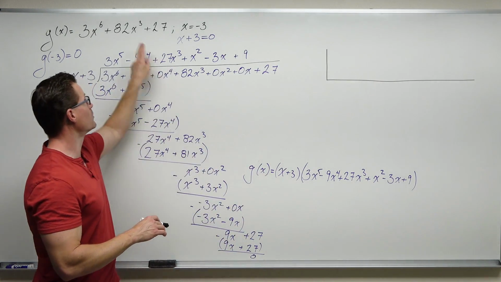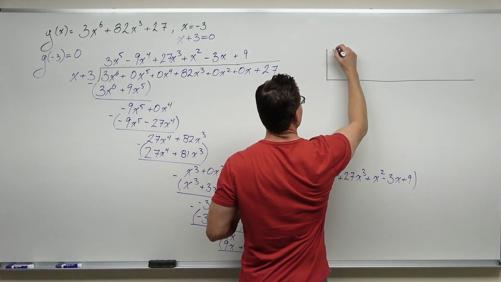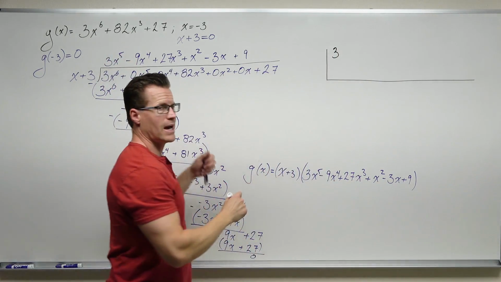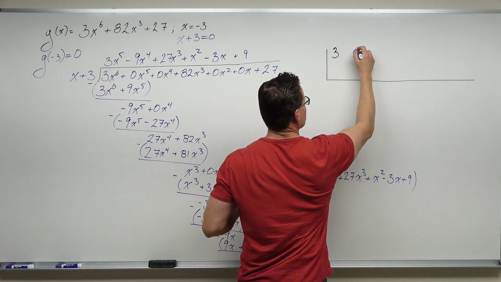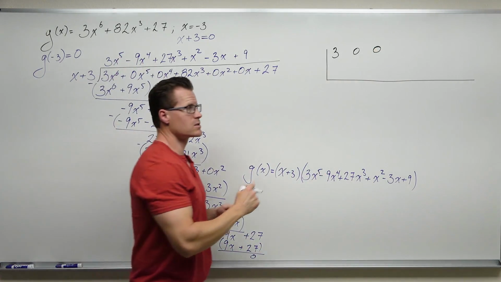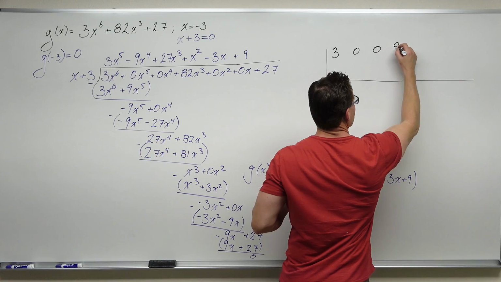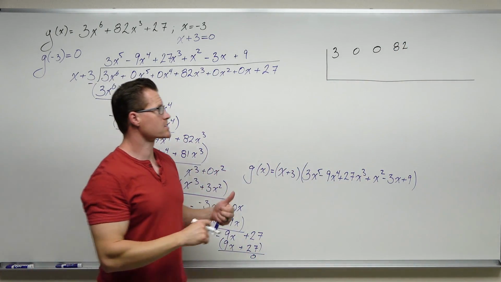So you look at your polynomial and say, all right, there'd be a 3x to the 6th. Then you have no x to the 5th and no x to the 4th. You have an 82x to the 3rd. You have no x squared, you have no x.